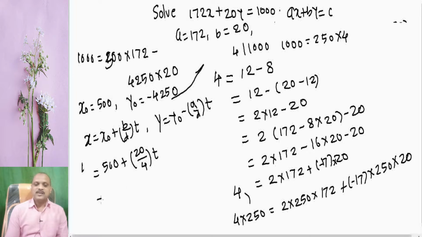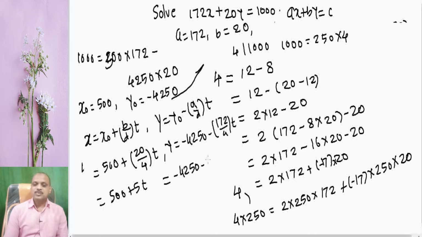So this is 500 plus 5t, and y equal to minus 4250 minus 172 divided by 4 into t, equal to minus 4250 minus 43 into t. This is y.